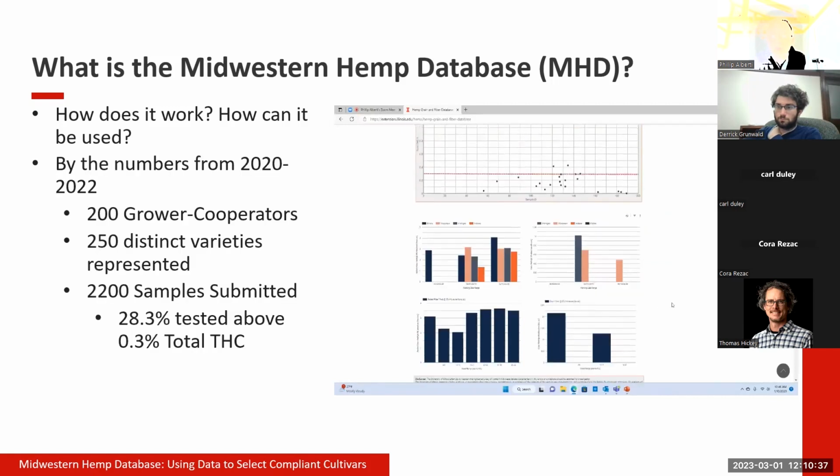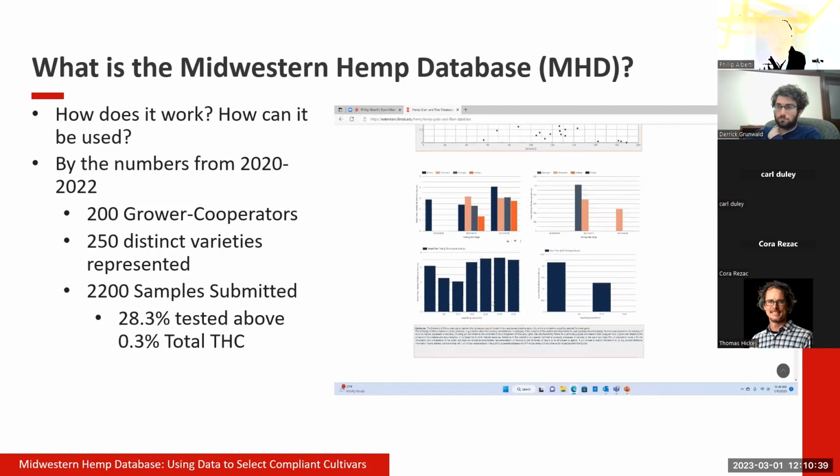So by the numbers, over the last 3 years, we've had over 200 grower cooperators across the 4-state region send us samples or contribute to this in some manner. We've had over 250 different varieties tested, and over 2,200 samples, which is a considerable amount when each of those tests costs about $75 commercial value.